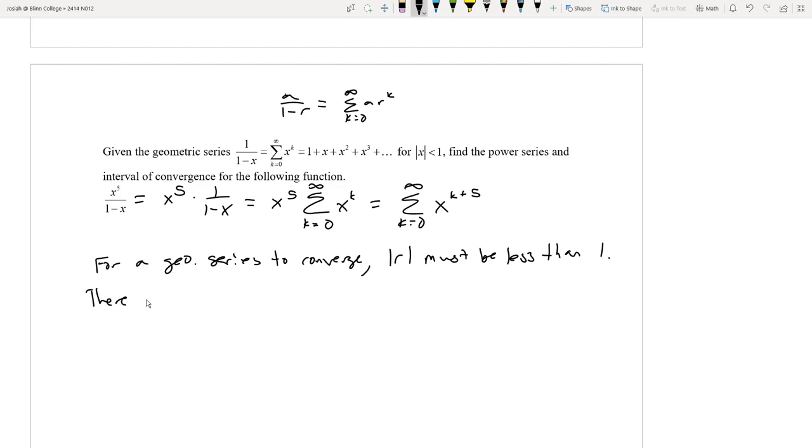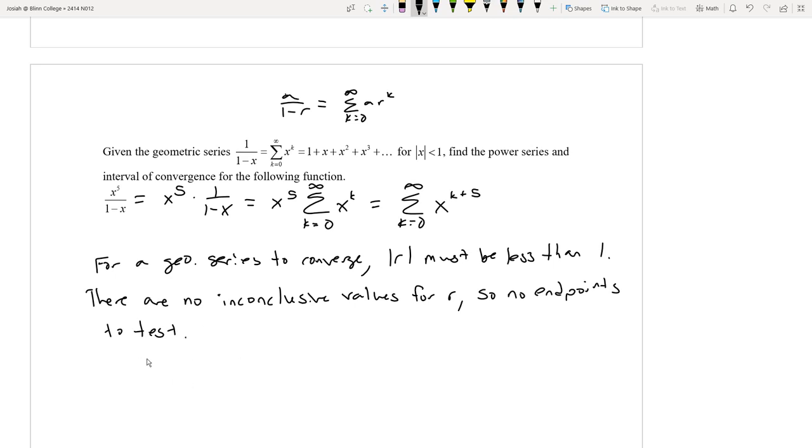There are no inconclusive values for r. So there are no endpoints to test. That's kind of nice.